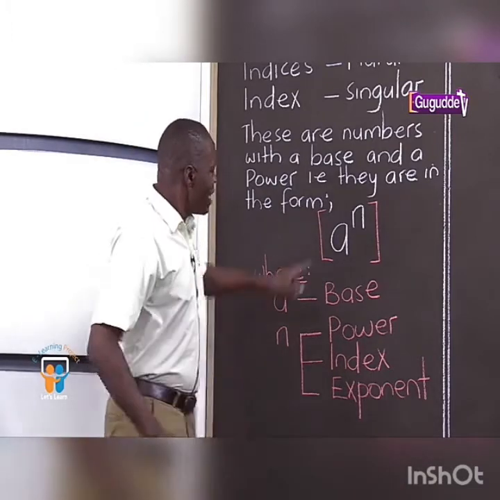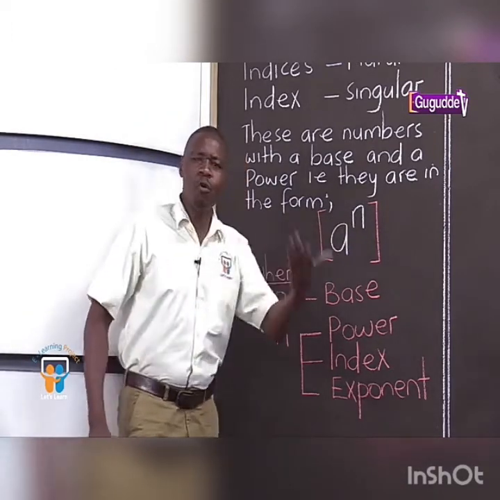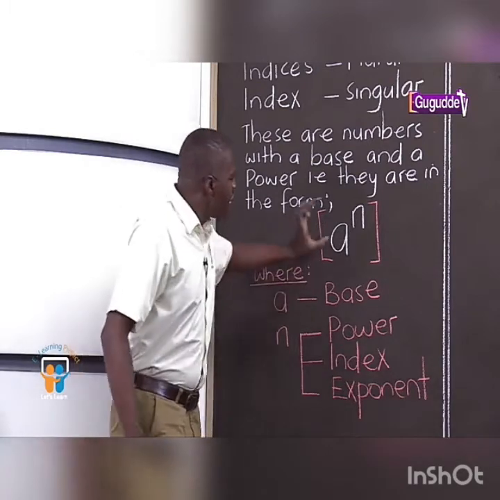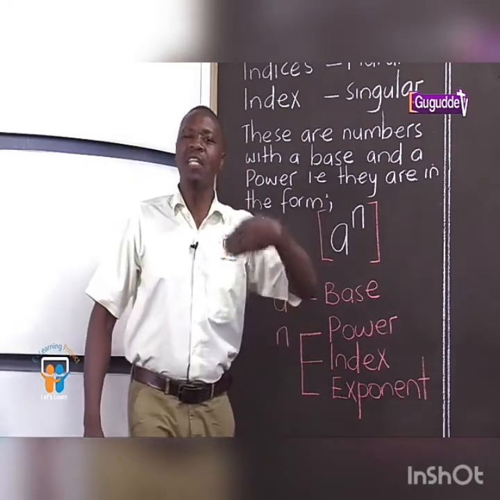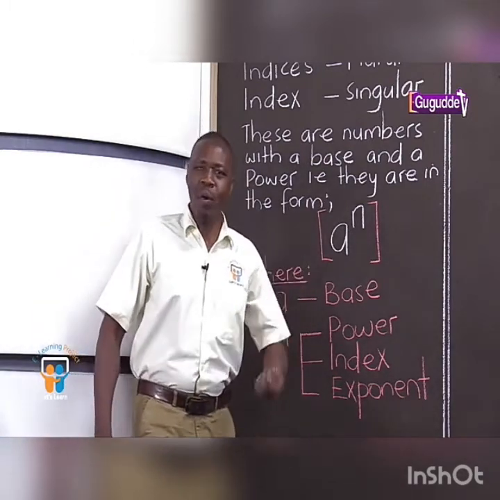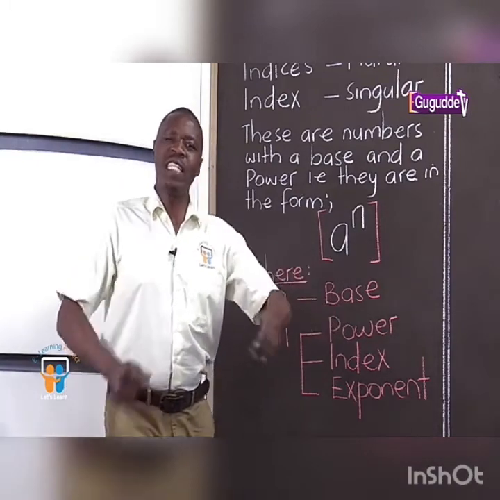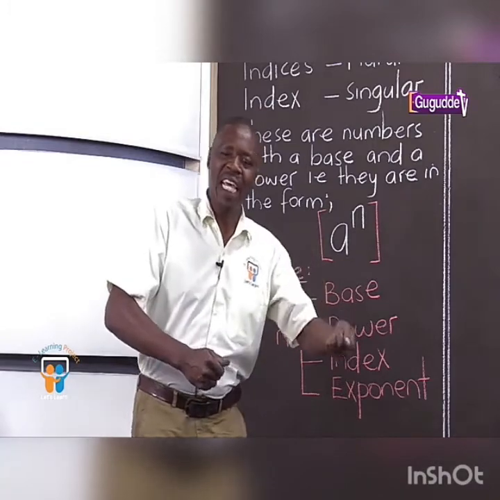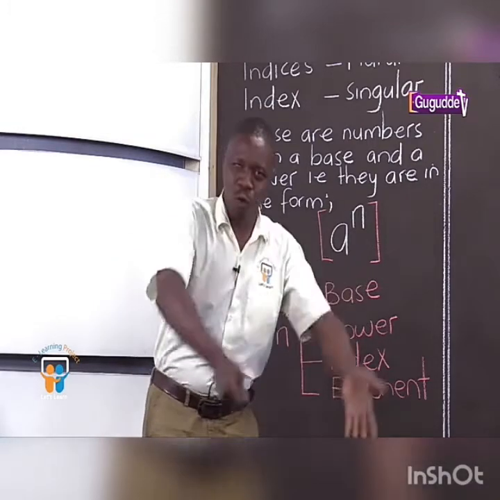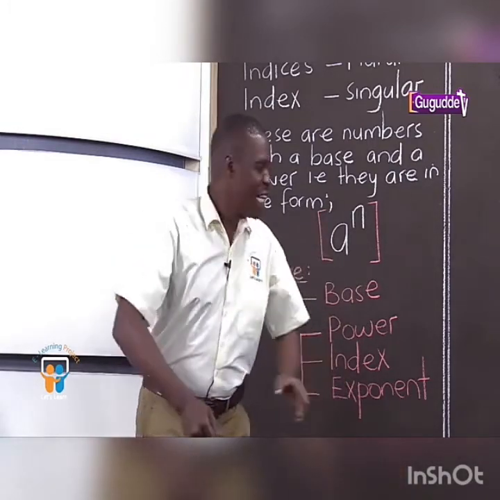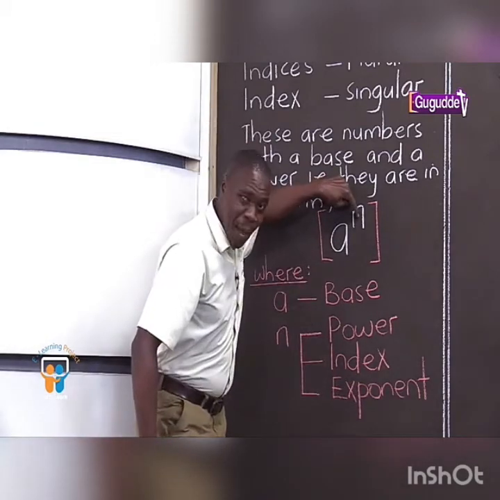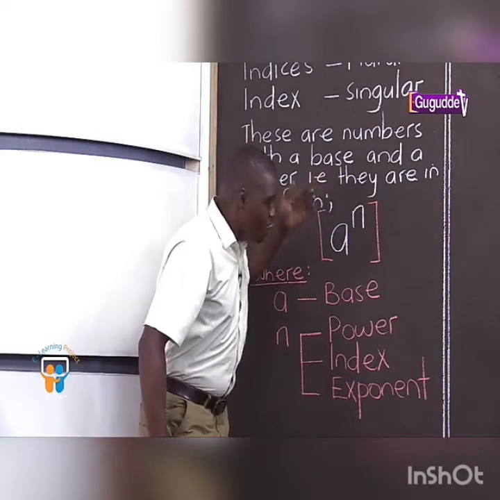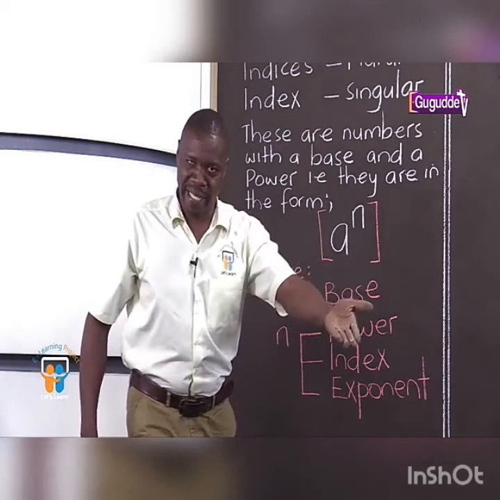Now, remember this power n here, some of you who study computer language, it is what we call a superscript. Remember, we have a superscript, which is a small floating letter or number in front of an unknown or digit. This one, which is floating up there, we can call it a superscript.